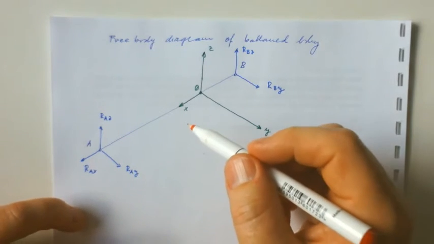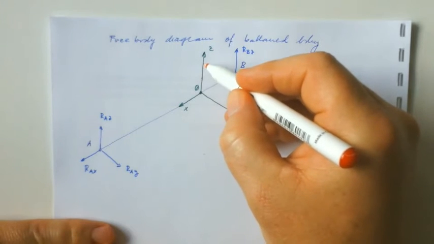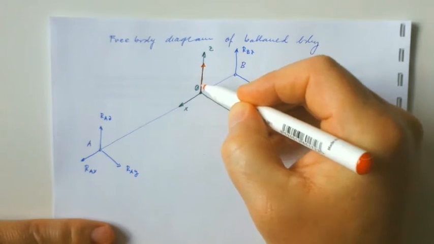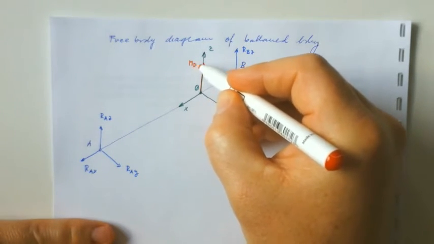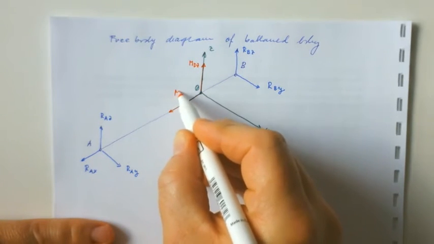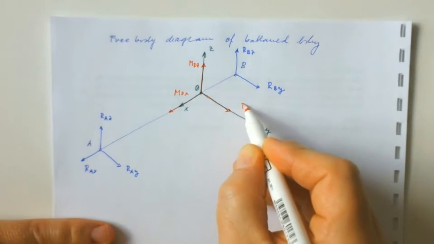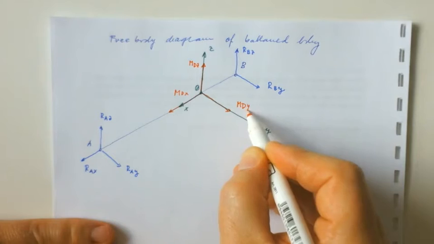Apart from this, there are moments, D'Alembert moments, so there are Mdz, Mdx, and Mdy.